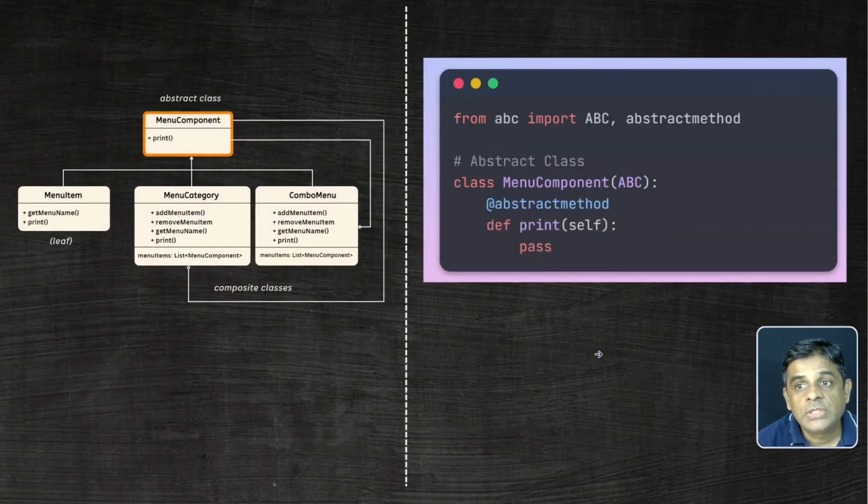Now this is a code snippet for the abstract class. It is simple. This is an abstract class and it inherits from ABC, which is defined in the abc library. In the print function, we are not doing anything because this acts as an abstract class.